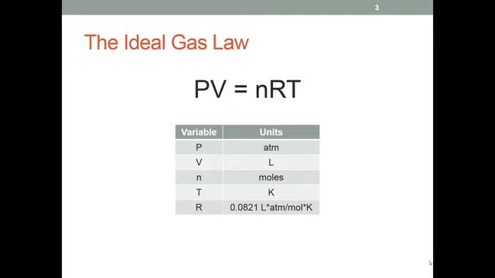If pressure is in atmospheres, volume is in liters, n is in moles, and temperature is in Kelvin, this gas constant R has the value of 0.0821 liter atmospheres per mole degree Kelvin. It turns out that if you remember the ideal gas law, you can derive from it the simpler gas laws we just saw. Perhaps this is best illustrated with an example.